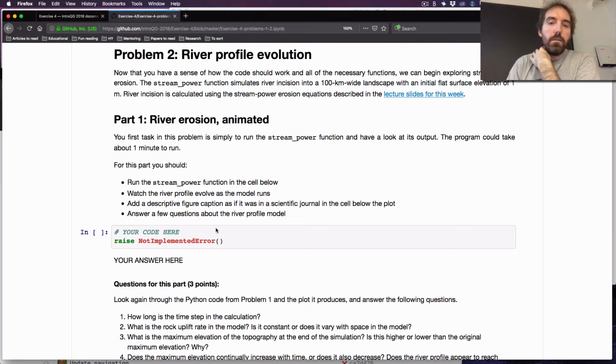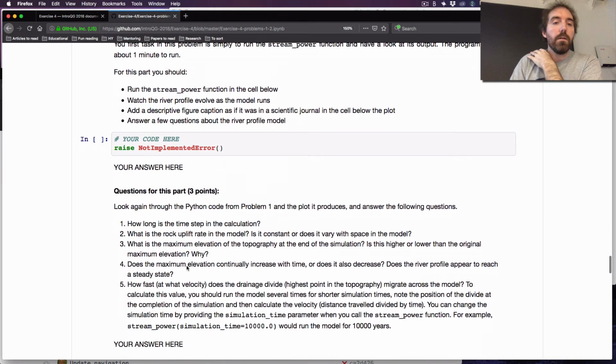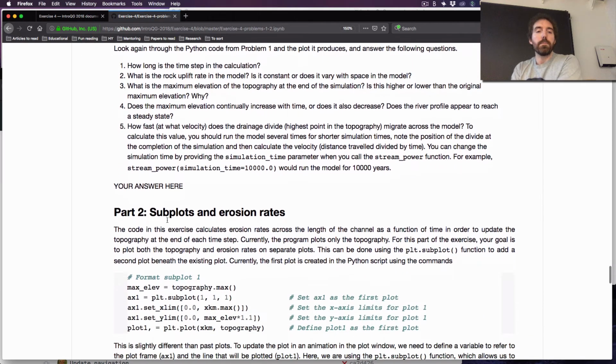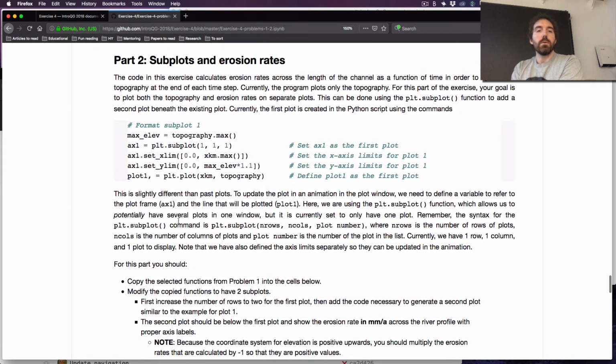That should be essentially all you have to do: just run the stream power function here, which literally means you just run stream power with a couple parentheses, and that should be the only thing you have to put there. That will then make a plot, and then there are some questions about the plot that you can answer below that. Part 2 is where you add a subplot.